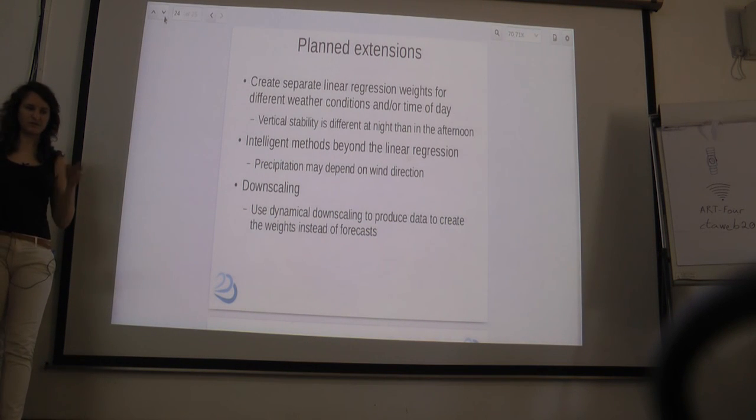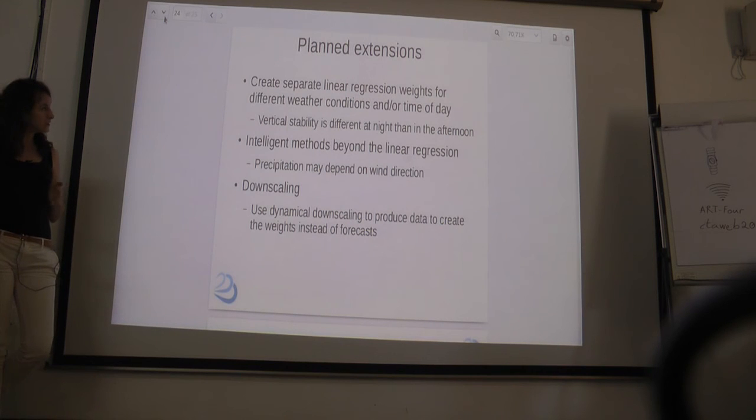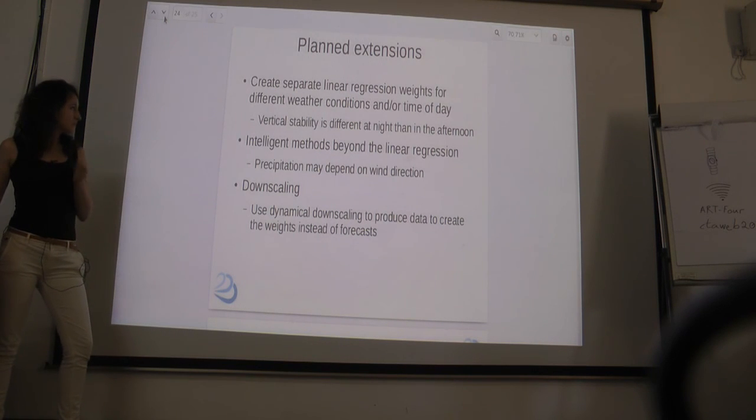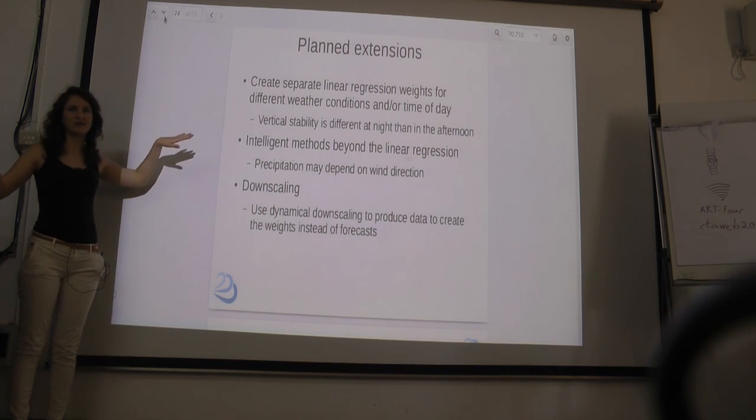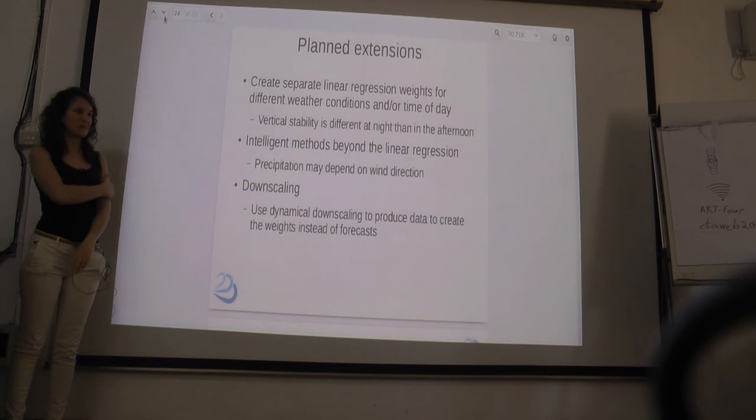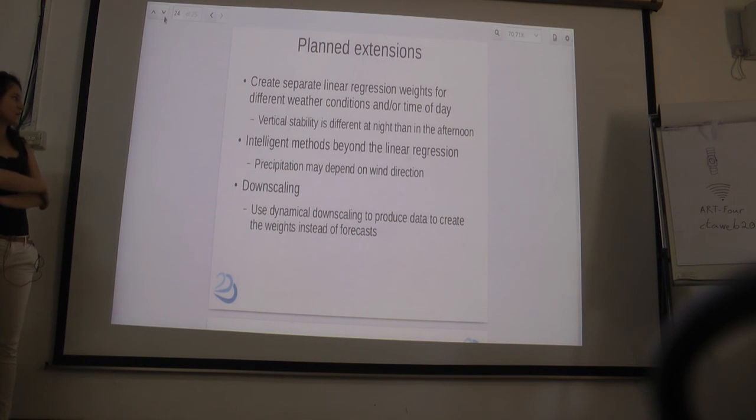So this is one of the directions that we want to go, to extend our solution for these linear regression weights with customization in terms of different weather. And another is some composed, more intelligent methods beyond the linear regression. We can think not only statistical, but incorporating other ways of calculating this.